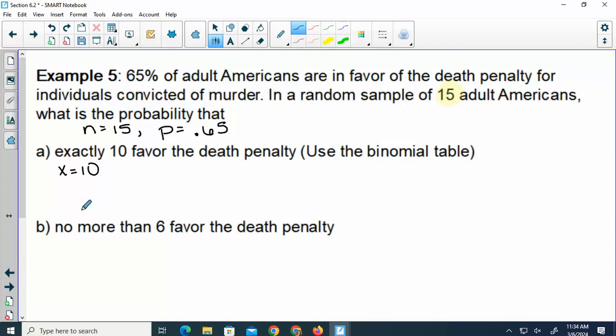So we look at our binomial table. We have to go to the page with an n of 15, the very back page. And our p is 0.65, so cross off until you find 0.65. And then in that chunk of 15, you go down to when your x is 10.